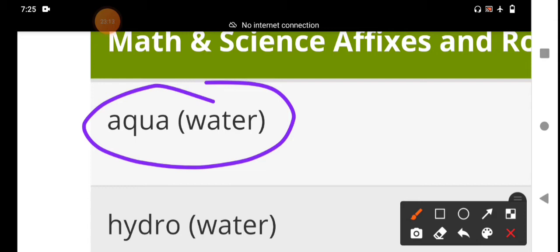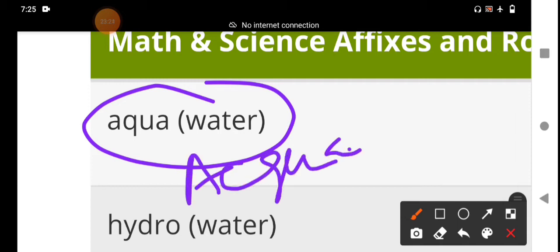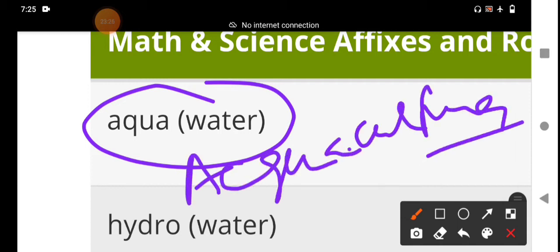For example, aquaculture is going on in our villages. What is the meaning of aquaculture? The cultivation of aquatic plants and breeding of aquatic animals for food. That is aquaculture. Aquatic means growing or living in water.